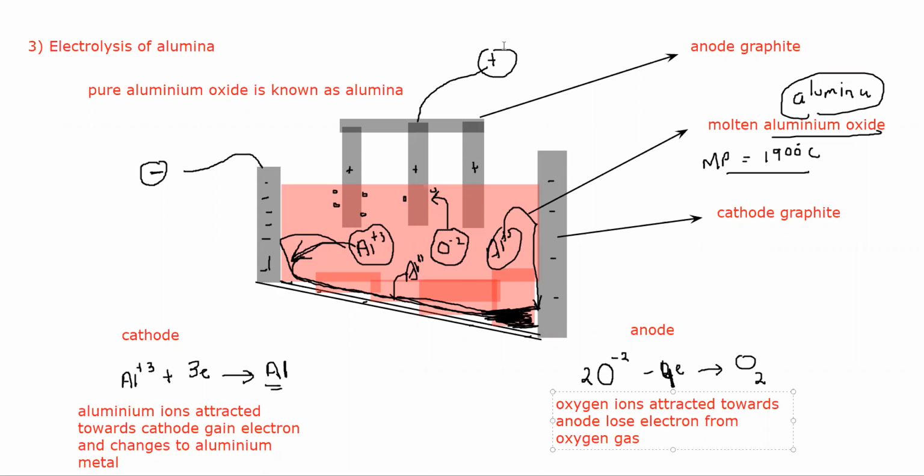So oxygen ions, which are negative, are attracted towards the anode. As they are attracted towards the anode, they will lose electrons. As they lose electrons, what will it form? It will form oxygen gas as a result. So we separate this aluminum from oxygen by doing electrolysis of aluminum oxide. You can also say alumina. Alumina is a common name, but you can say aluminum oxide. That's also true.